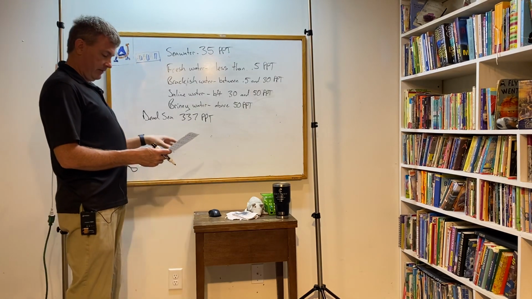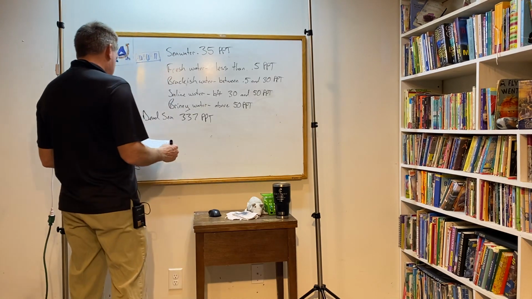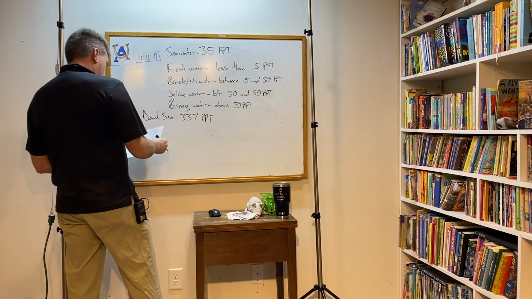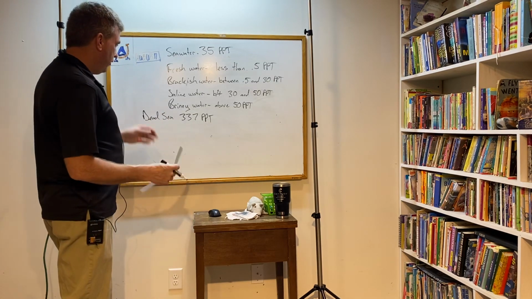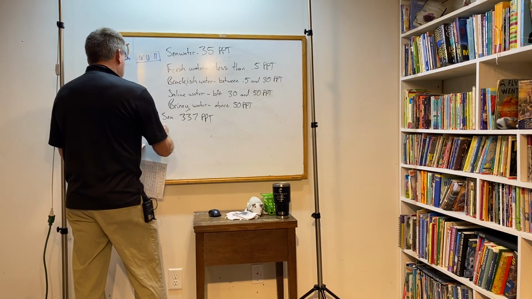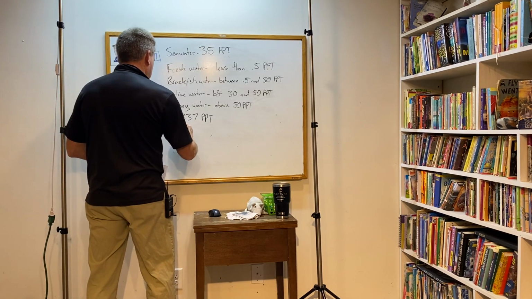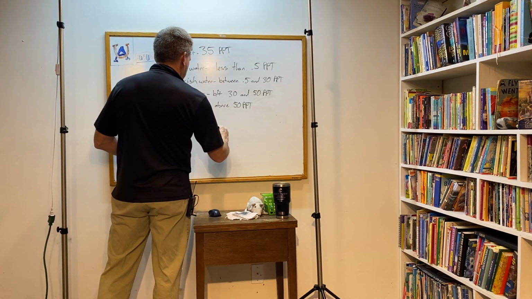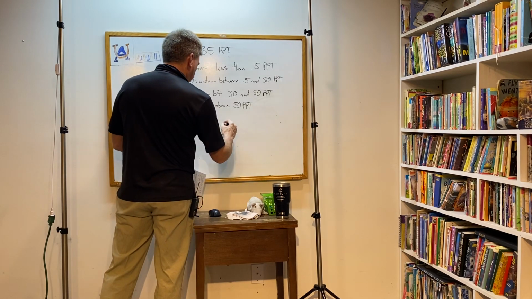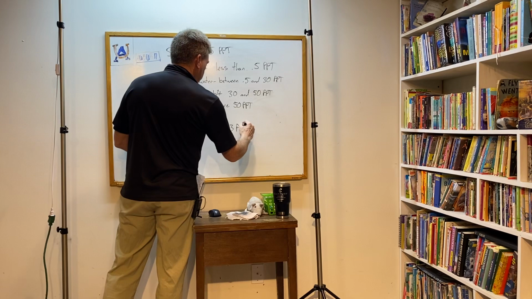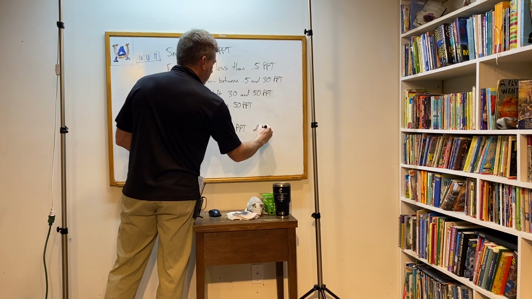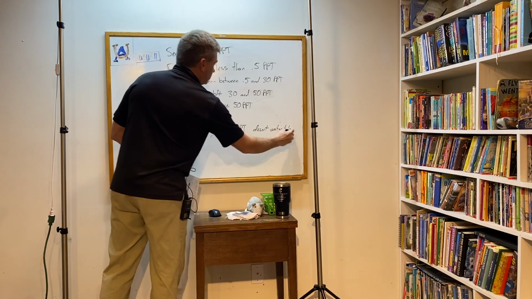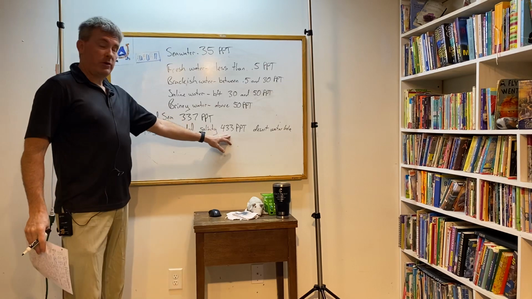But that's not the highest. The highest recorded salinity is a desert watering hole in Ethiopia with 433 parts per thousand.